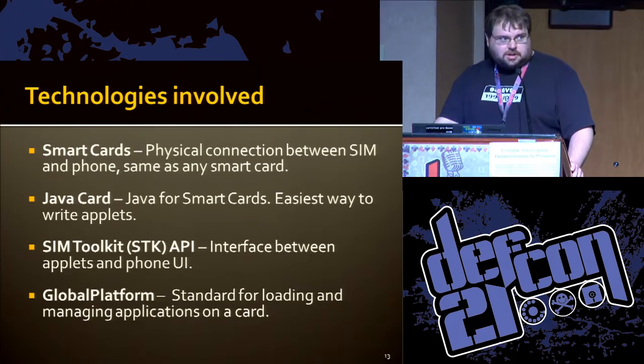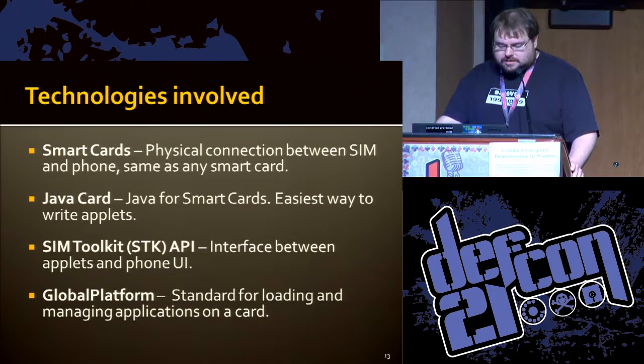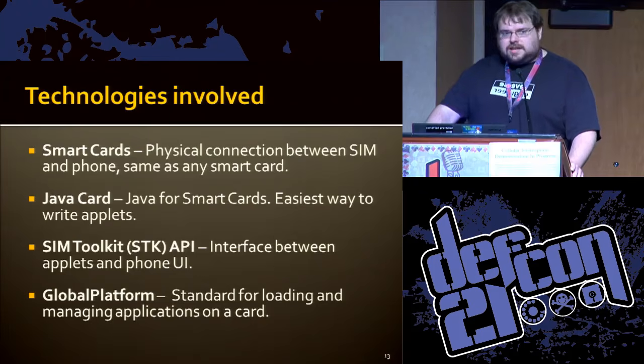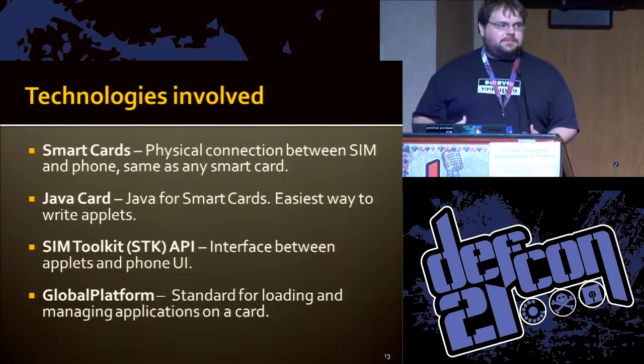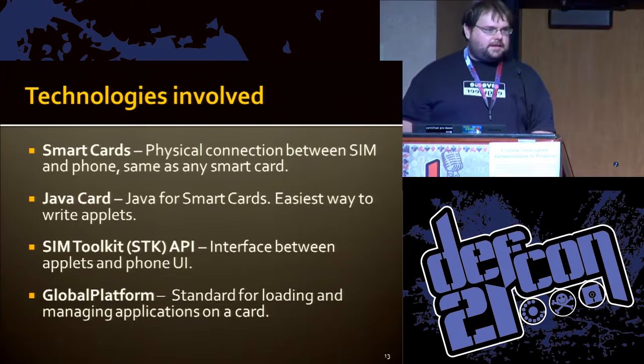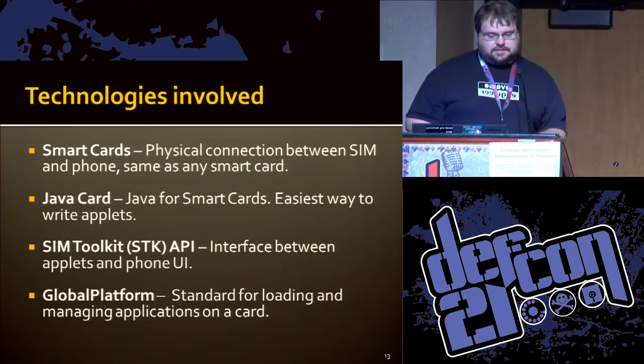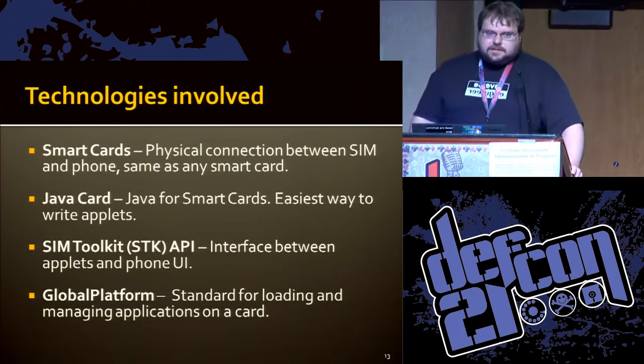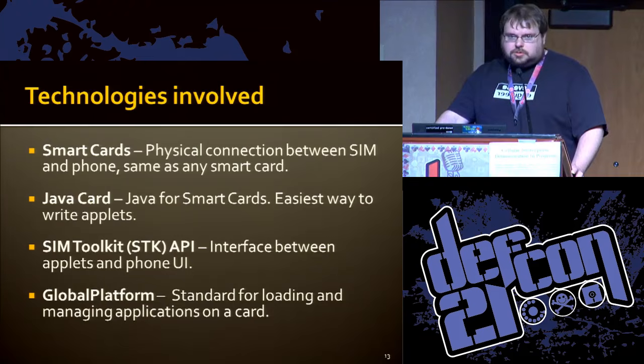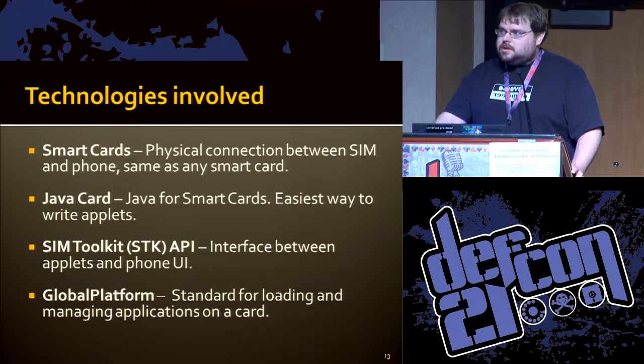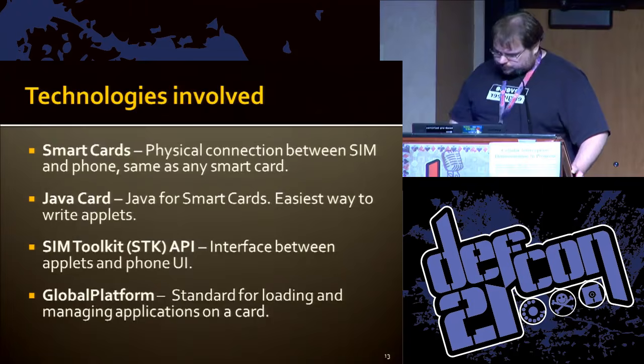And this is what most SIM cards support today for writing applets in. There's the SIM Toolkit API, which lets the SIM card talk to the phone and push events and receive events as well. And then there's this standard called Global Platform, which was originally developed by Visa to allow third parties to develop applications and load them onto the card.